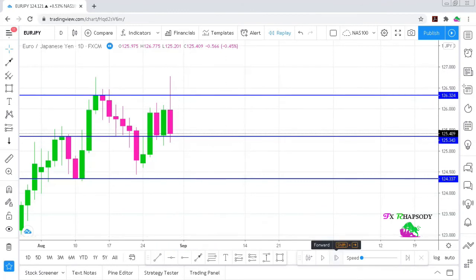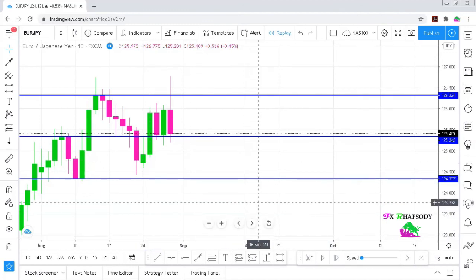So guys, this is exactly how we draw the support and resistance lines. You need to practice this. You need to draw this. A good tip I can give you is to try not to draw your support and resistance lines on the lower time frames. Try to stay away from the 15, the 5 and the 1 minutes.